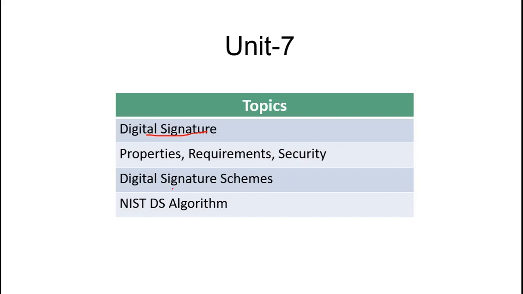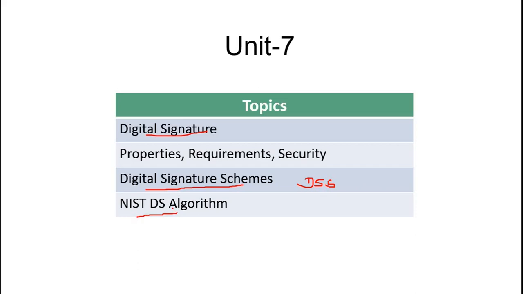At that time we achieved message integrity by using the digital signature scheme DSS, which produces message integrity, and we achieved confidentiality by using encryption and hash function. So those are the overcomes of the limitation of digital signature. We discussed the NIST DS algorithm.